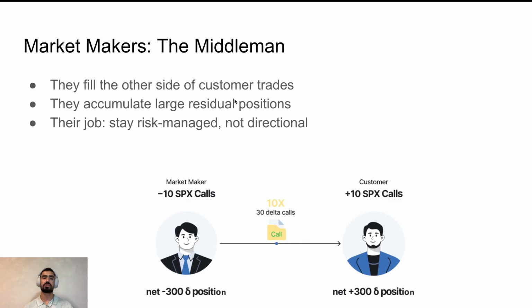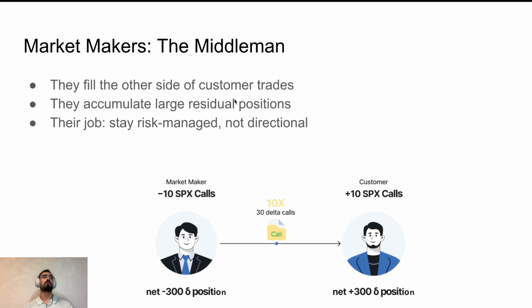The market is a zero sum game. So if you're getting filled on your purchase, or let's say you are buying 10 SPX calls, well, most likely there's going to be a market maker on the other side of that trade selling you those 10 SPX calls. And you're not the only one. It's pretty much everyone in the market.